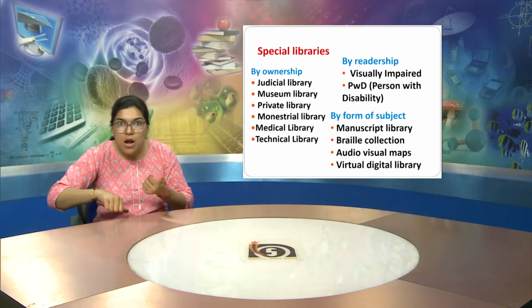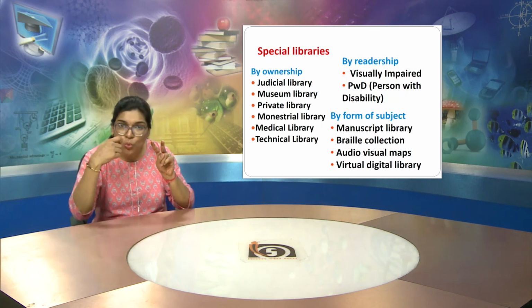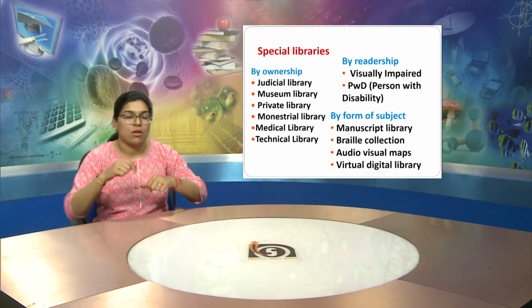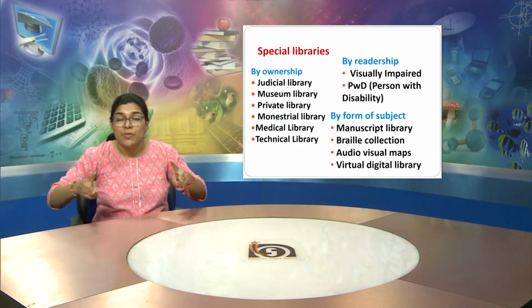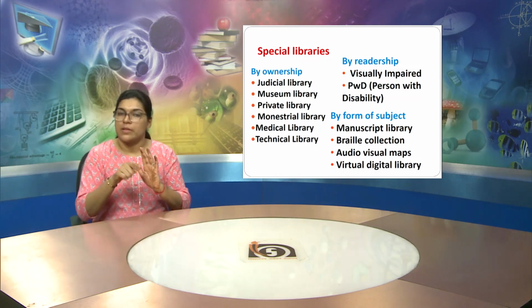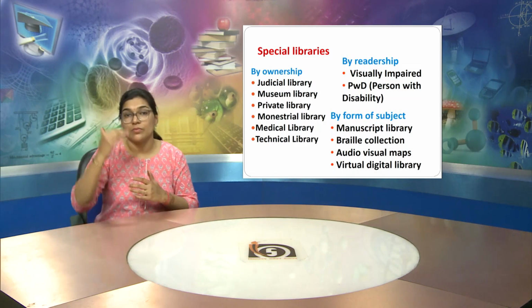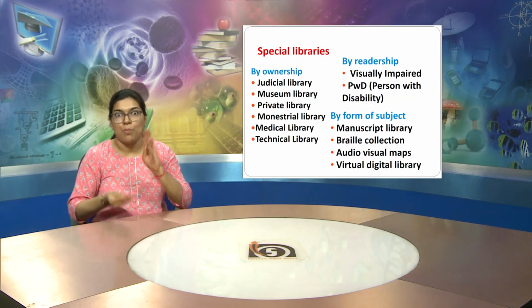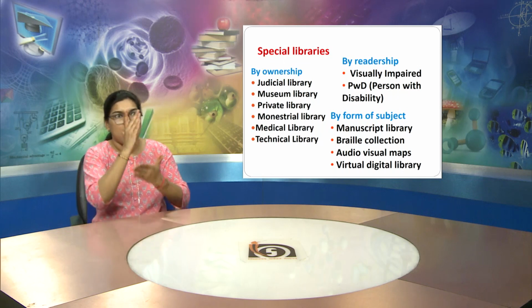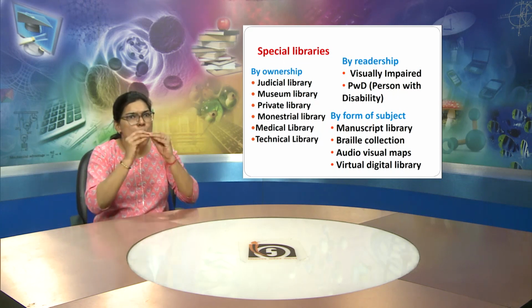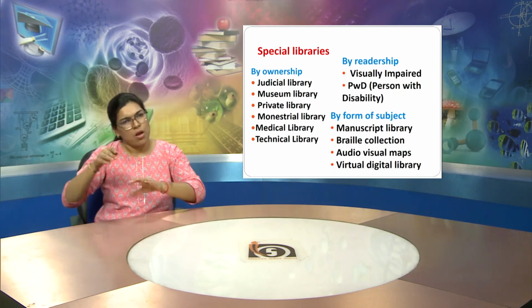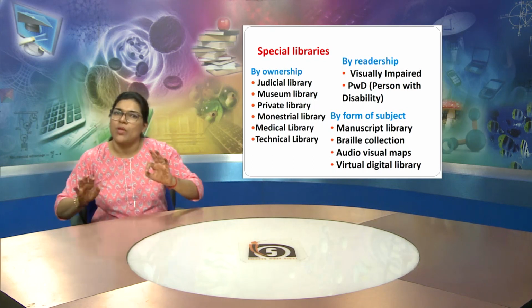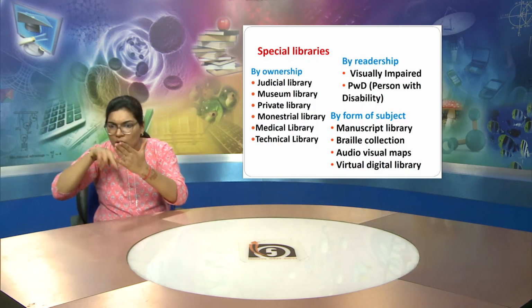Because in the library we have all kinds of technical instruments available. So audio visual maps are also found in the special libraries. And virtual digital libraries are also a subtype of the special library.